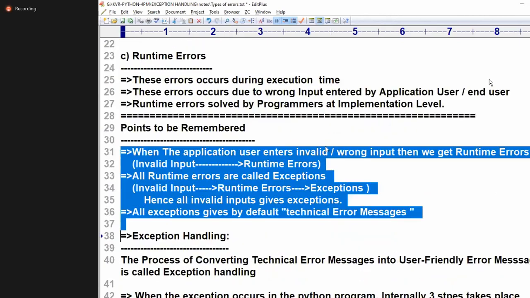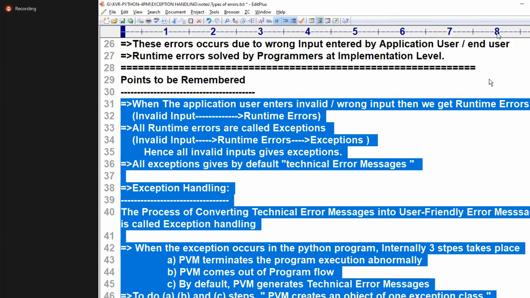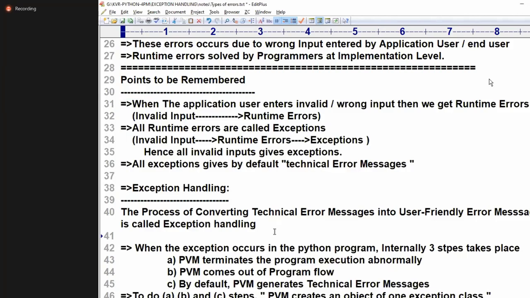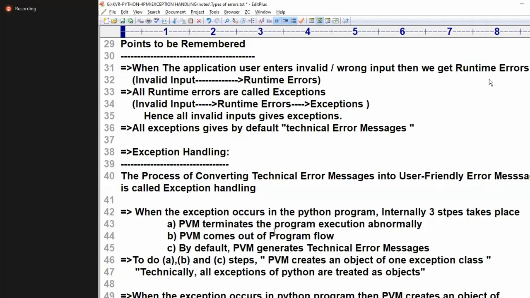Yes. Now further I will go to types of exceptions. Next discussion I will enter into types of exceptions in the Python language.